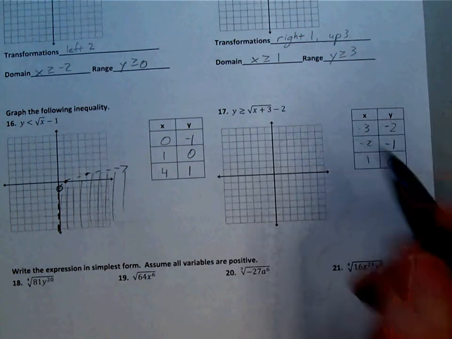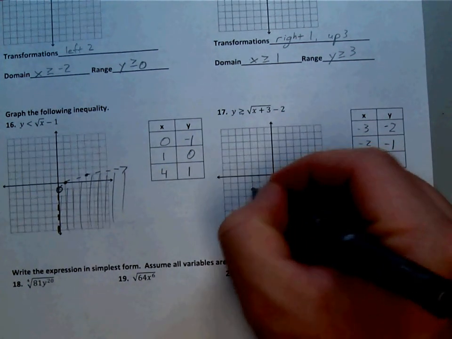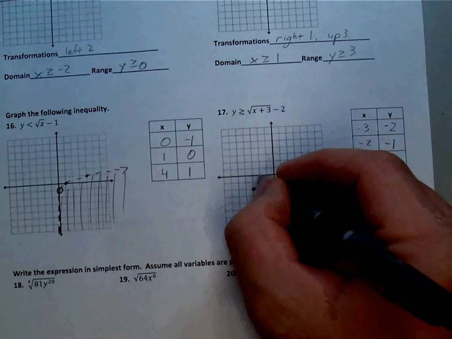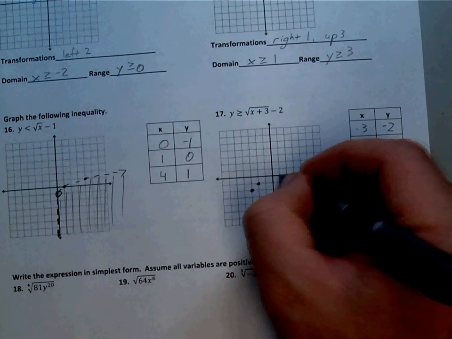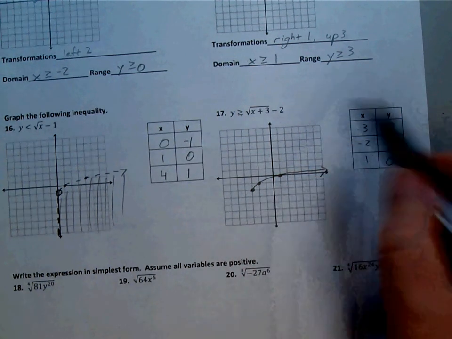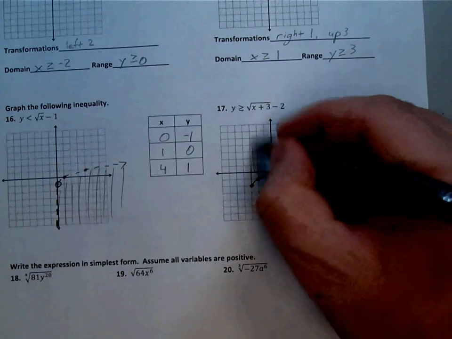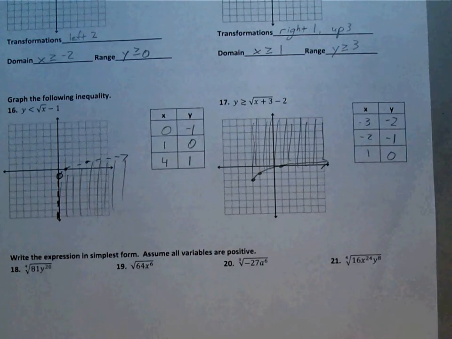This time it can be a closed circle. So negative 3, negative 2. Negative 2, negative 1. 1, 0. Solid line. We're shading above, so everything above that can be shaded.